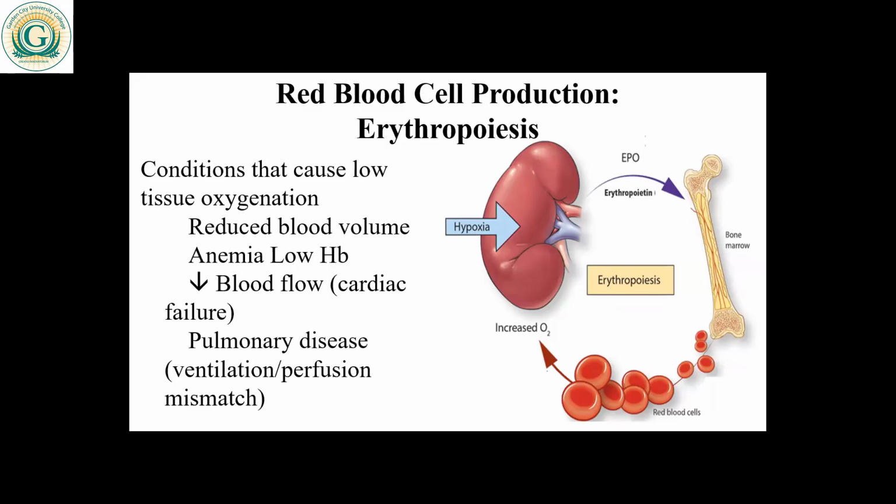The production of red blood cells is known as erythropoiesis. But since we are saying the red blood cell is 45% of whole blood, it's the process of erythropoiesis that also helps with the formation of the other cells.